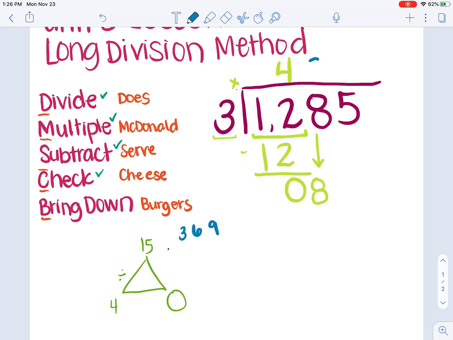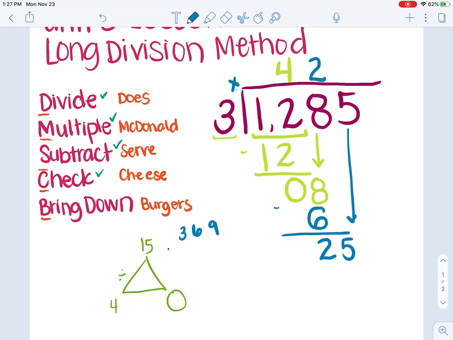Well, 9's too big, so it must be 2. 3 times 2 is 6. I've multiplied, now I'm going to subtract. 8 minus 6 is 2. Let's check. Is 2 smaller than 3? Yep, we're good to go. Now I'm going to bring down 5.